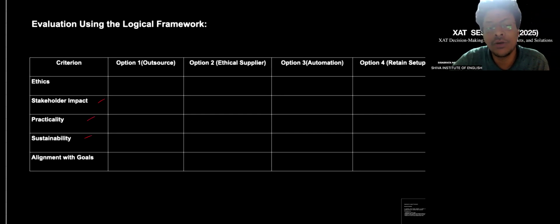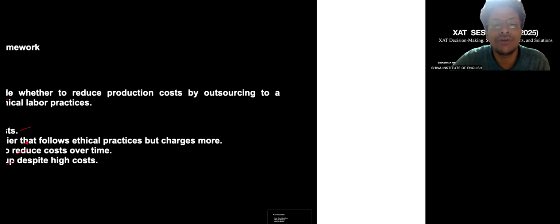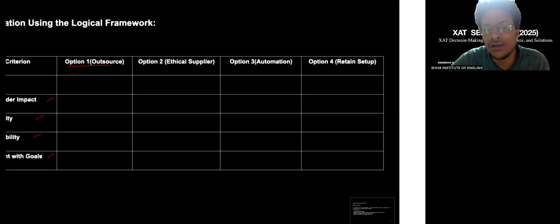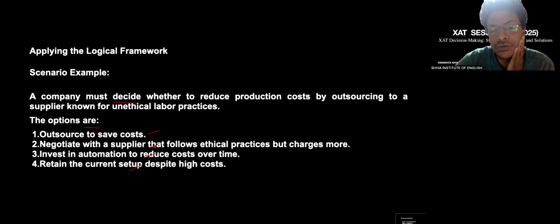When we talk about ethics, if you look at option one, what does option one point out? Outsource to save cost, right? In this case, we can see that it violates ethics. Why? Because you stated outsource to save cost.